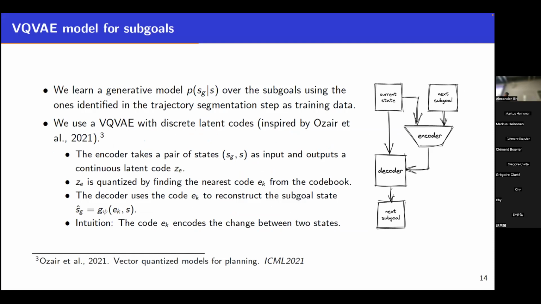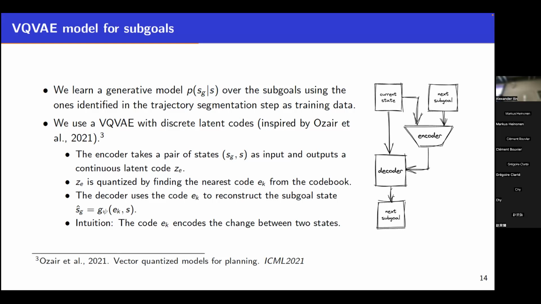In our model, we take the current state and the next subgoal, and we use an encoder to encode those states. We basically don't encode an individual state, but we encode the difference between the current state and the next subgoal. Then we use this code and discretize it like you do in VQVAE.